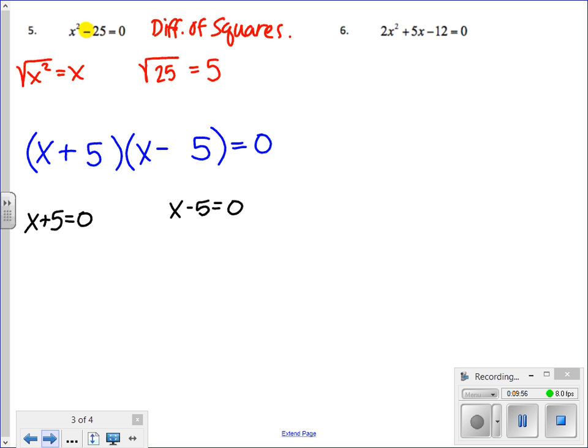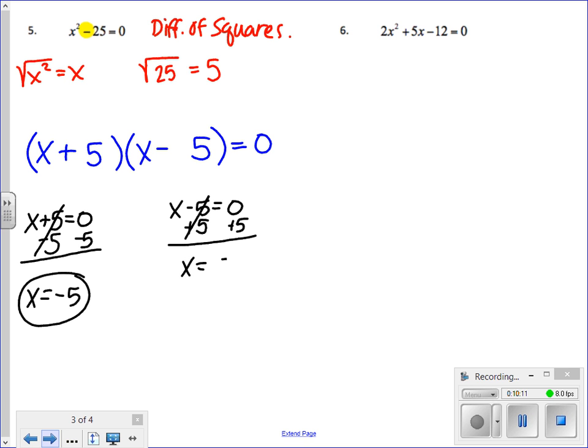I'm going to subtract 5 to start on the left-hand factor, and get a solution of x equals negative 5. And then on this right term, I'm going to add 5 and get x equals positive 5. Those are my two solutions to that original quadratic, negative 5 and 5.